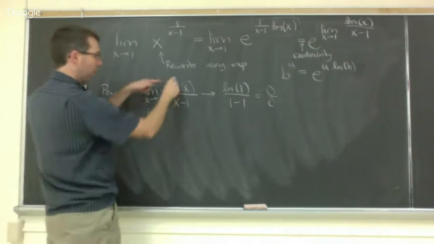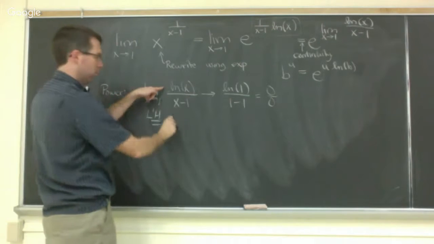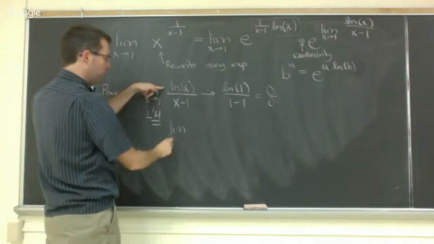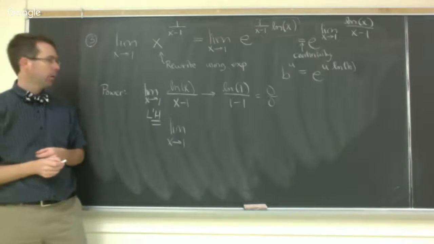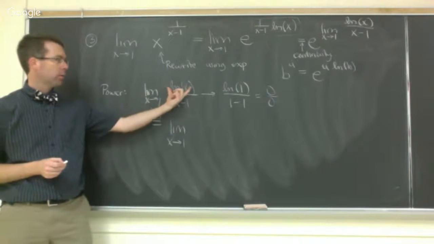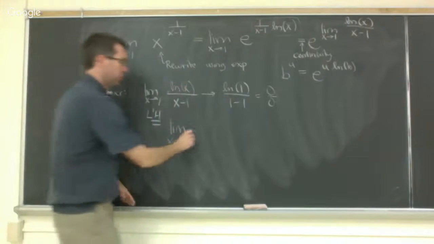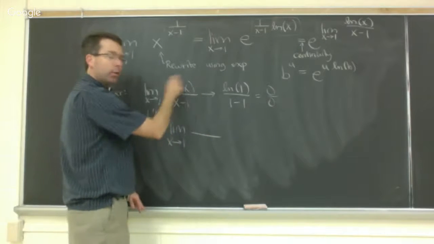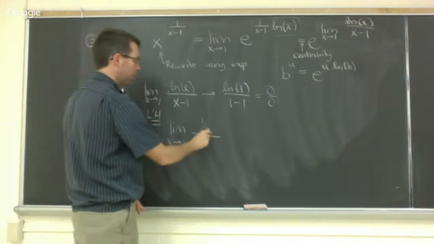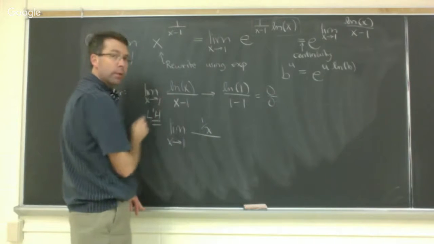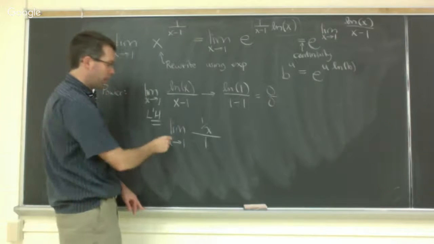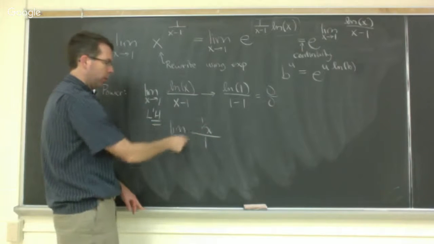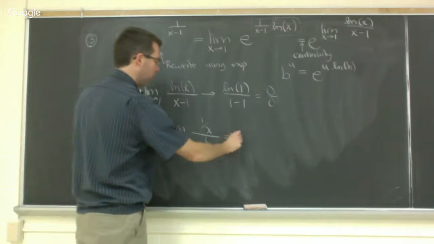So we're going to replace a limit with a new limit that we have hope of finding. We replace the fraction with the derivative of the numerator, so that's 1 over x, divided by the derivative of the denominator, that's 1. And so I just now plug 1 into this new formula, and I get 1.